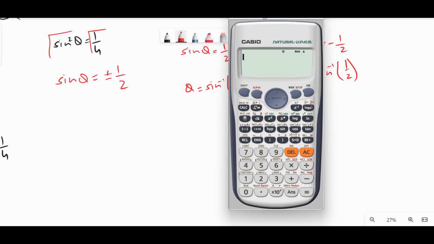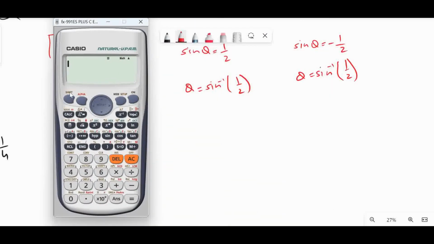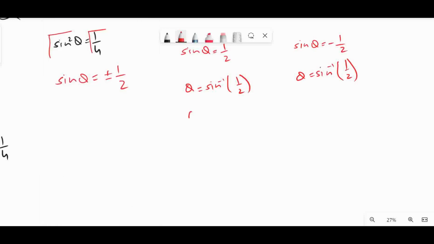Now as we can see here, the calculator is in radian mode. So let's say shift sine inverse of 1 by 2. This will be equal to pi by 6. So theta will be equal to pi by 6. Now let's take the other one.